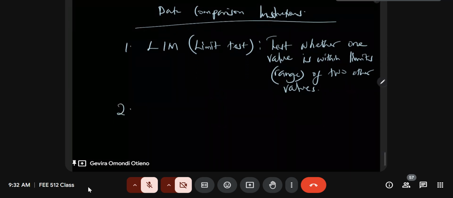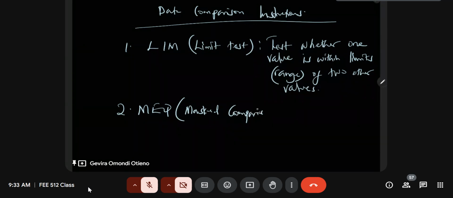We look at examples. This is also very important. These are the ones that I like testing because they're not as common. I mean, we've not met them before. This is known as the masked comparison for equal, like this one, okay?